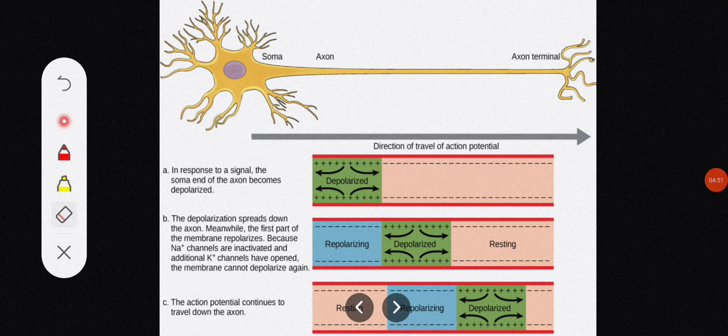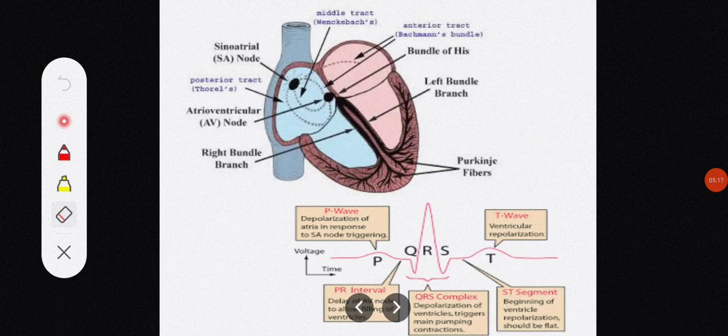For example, if I display the bioelectric potential obtained from the heart on the screen, the graphical representation will be called an electrocardiogram. Let me show you what the electrocardiogram looks like. So this is the electrocardiogram.